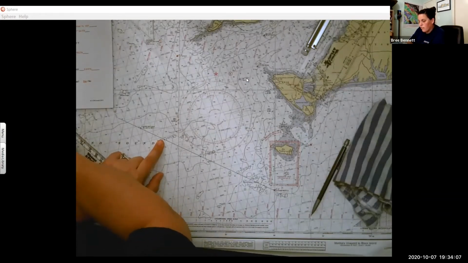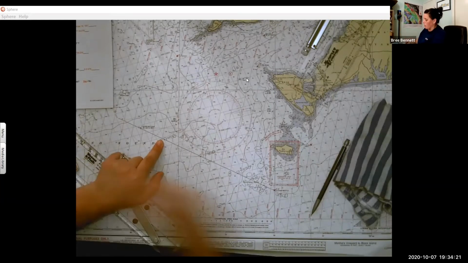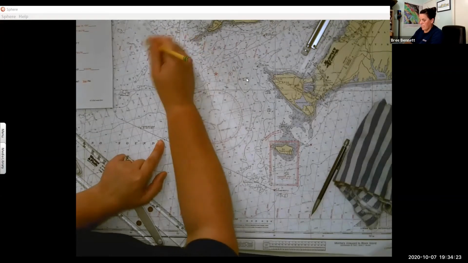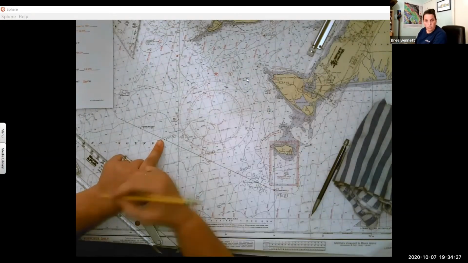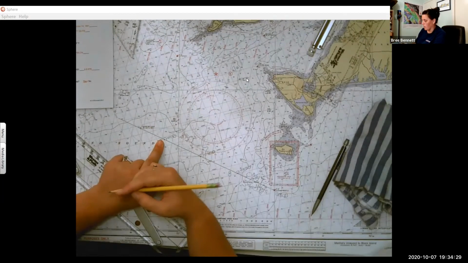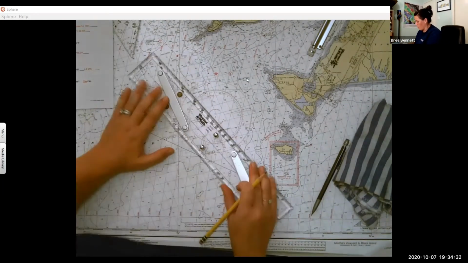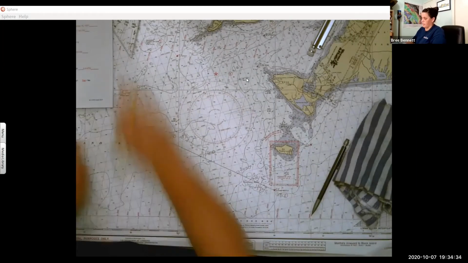You observe the following bearings: Gay Head Light at 050 and Buzzard's Light at 340. Determine your 9:15 fix and label your LOPs. So we have Buzzard's Light right here, and then we have Gay Head right there. So I'm going to use the triangle first.